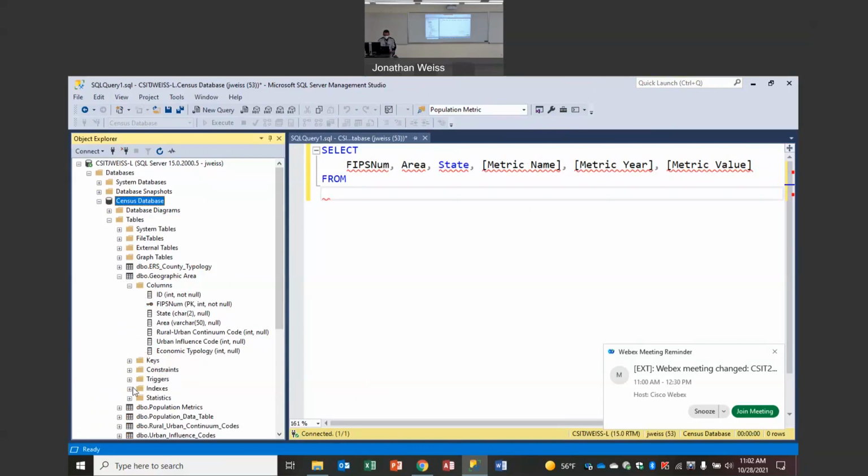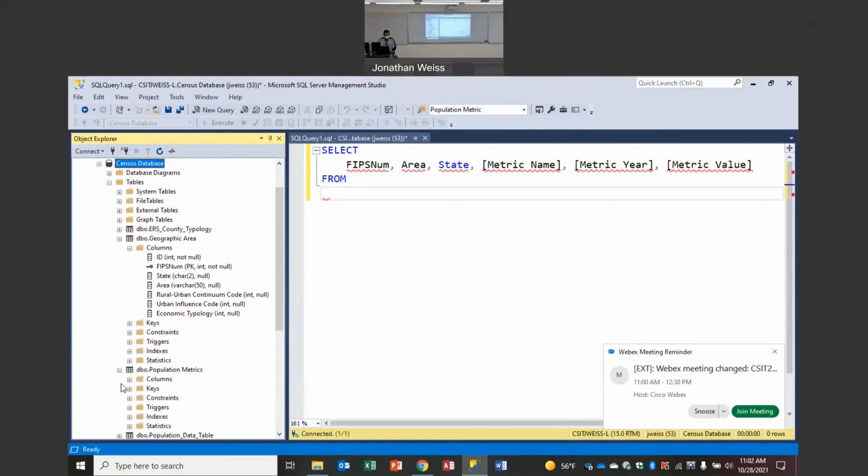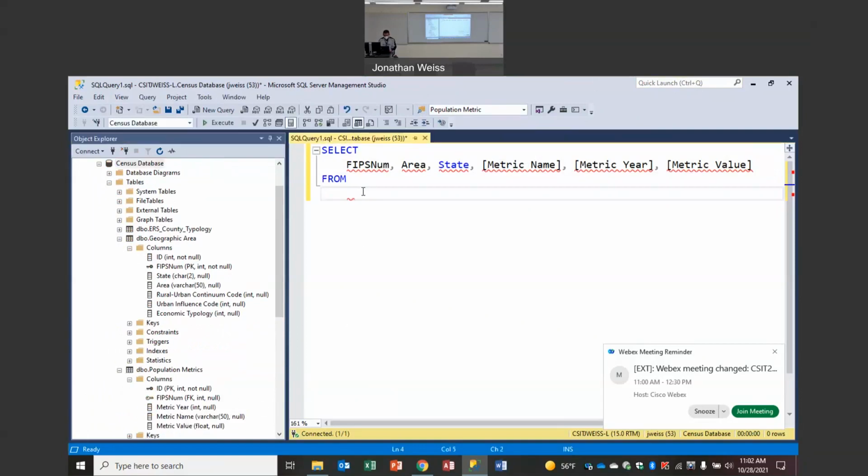And if we look at our population metrics table, we'll see that it has metric year, metric name, and metric value. So the two tables that we need for this are geographic area and population metrics. So we'll put those in the from clause.